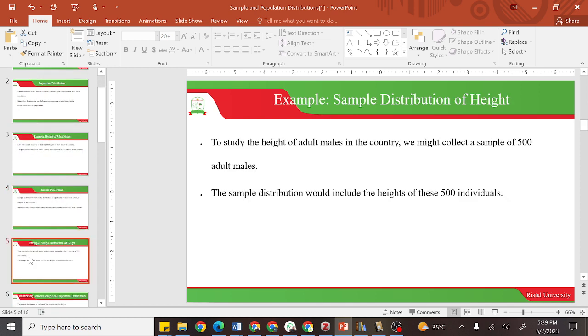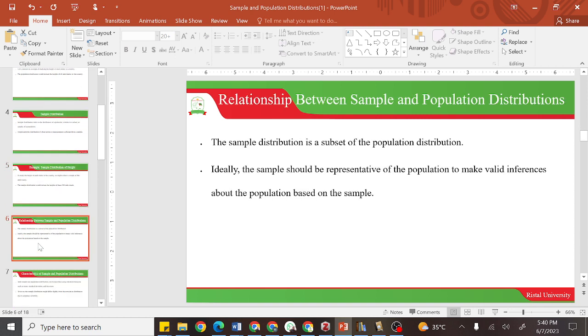Instead of looking at the 1,000 people staying in monarchy, we only choose 500 people, and then that becomes the sample distribution of height for people who are staying in monarchy.